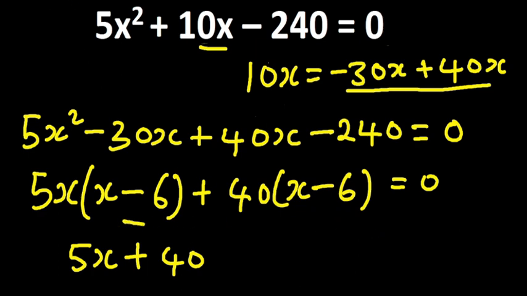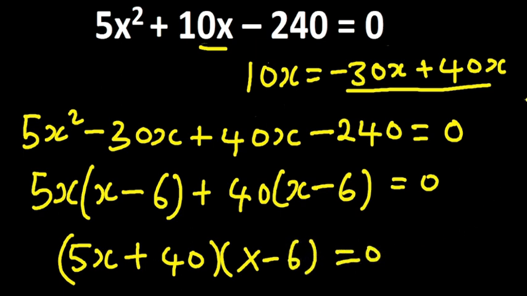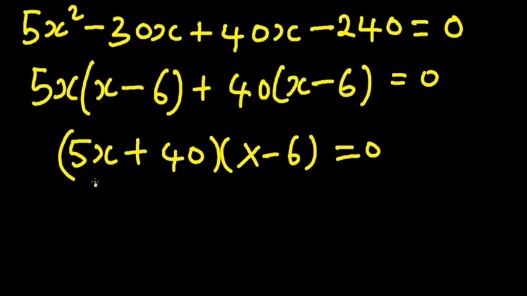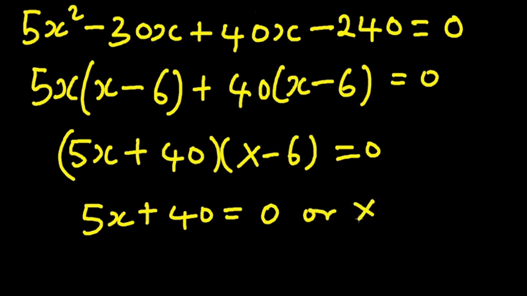So to factorize it, we're going to use 1, so we have (5x + 40)(x - 6) equals 0. So now we're going to equate each to 0 in order to get the value of x.